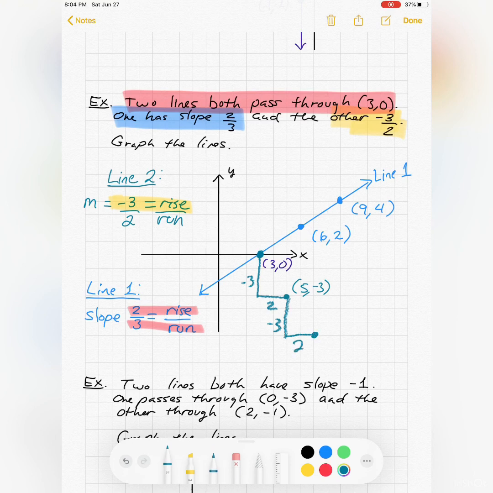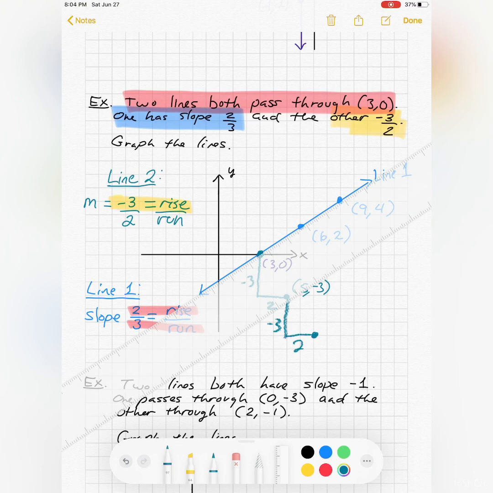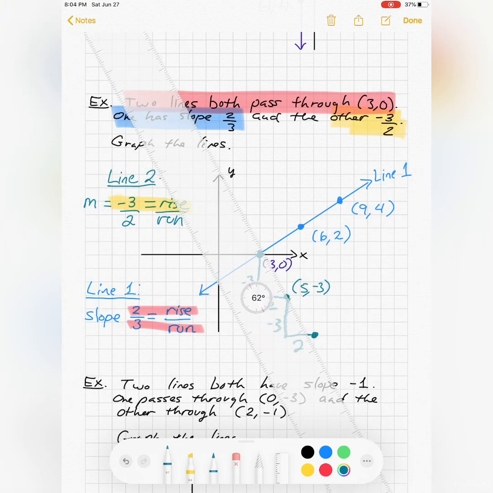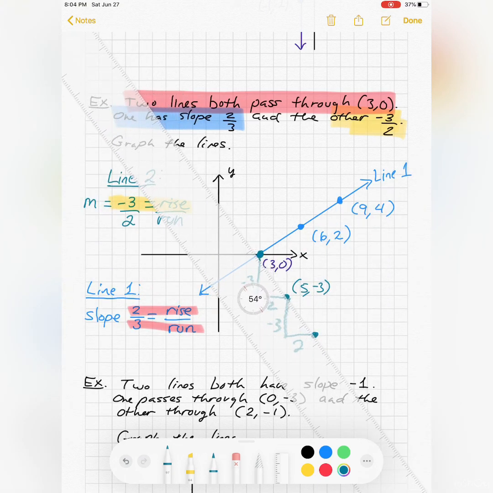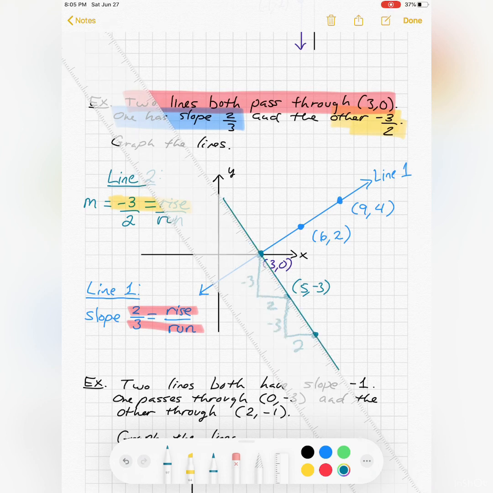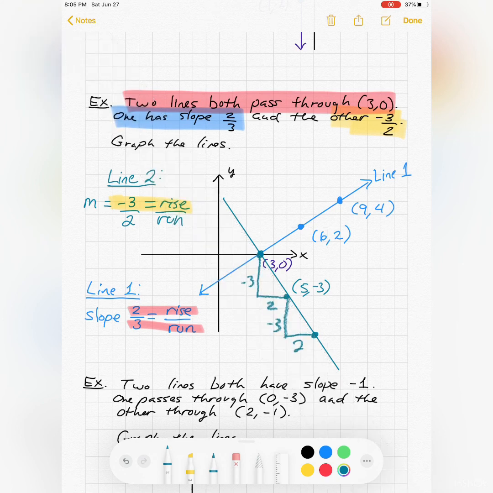There's another point. Okay, let me connect those points with my line. And so there's line number 2.